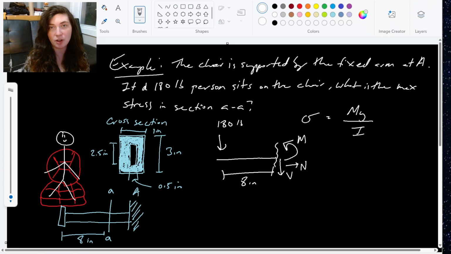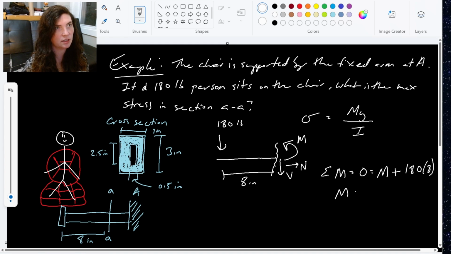So this is how I go about finding my moment, right? I can set this up as an equilibrium, or I can just say, you know what, a moment is a force times a distance. The moment is just going to be 180 times 8. So the sum of moments is going to be moment plus 180 times 8 inches.